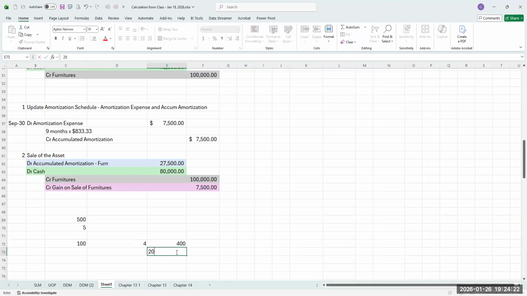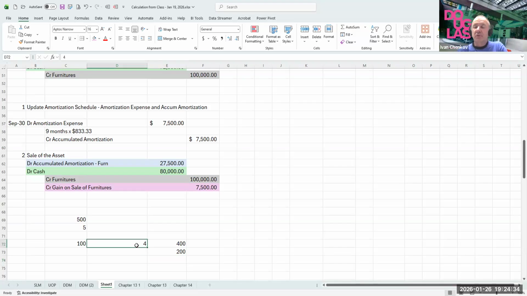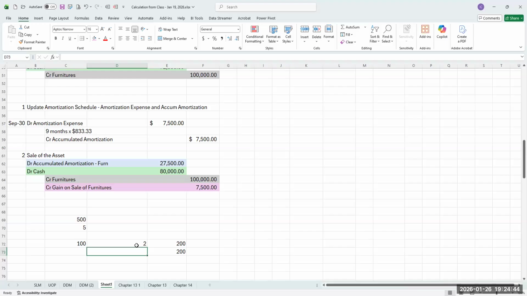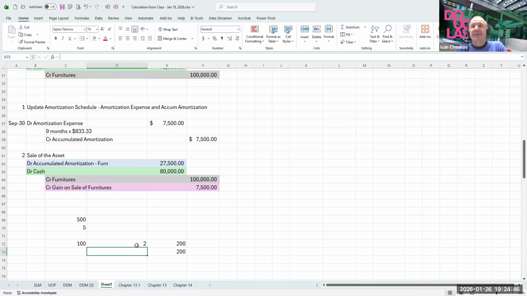And I'm selling it for 200. That's a gain. If I use it for 2 years and I sell it for 200. No, that's a loss. Sorry, I just made a mental error. Okay, make sense?